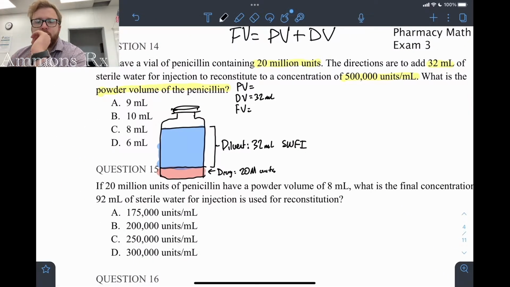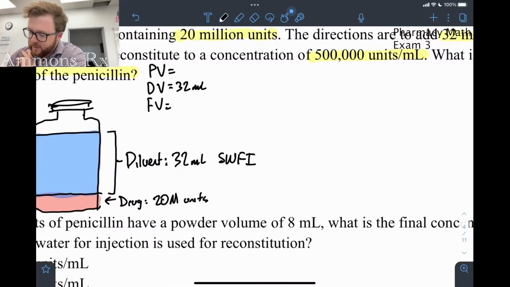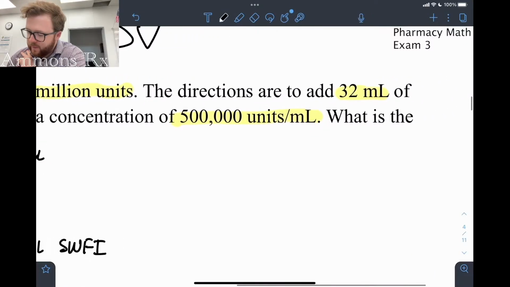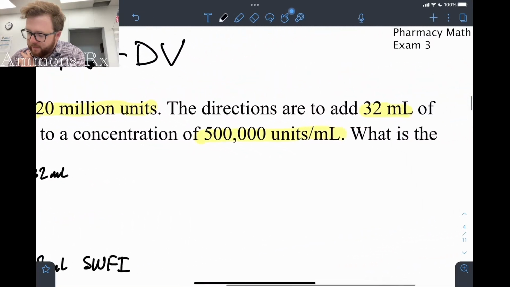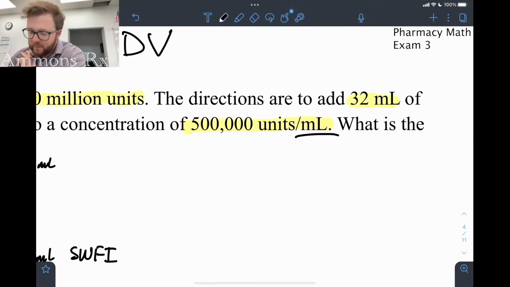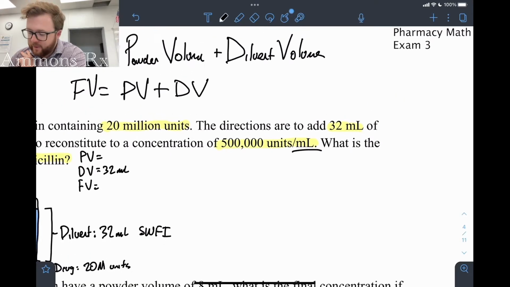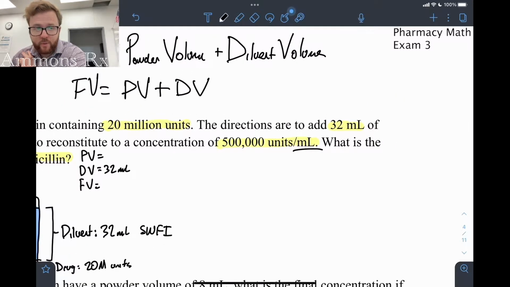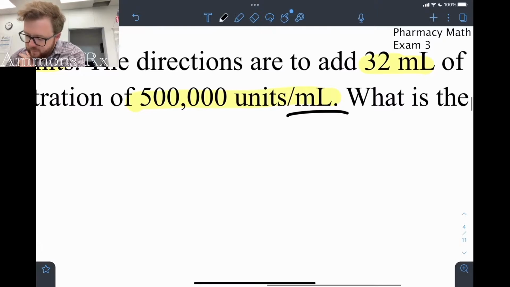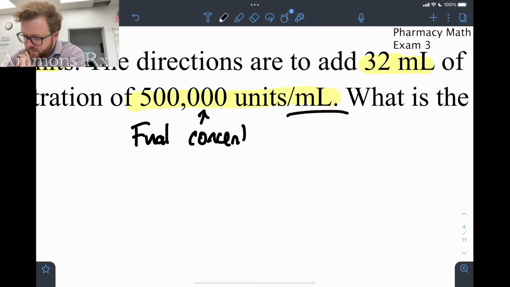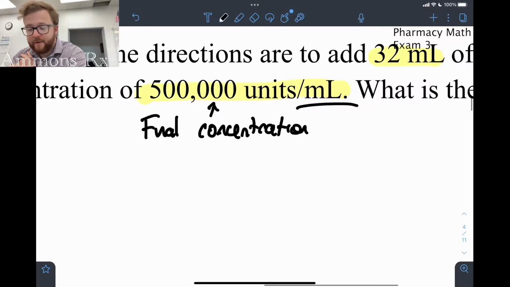But then you're thinking to yourself, I don't have another volume. Well, let's look at this problem. Is there anywhere else that's mentioning anything about mils? It's right there. That is our final concentration. So the word final right there means that it is the finished product.